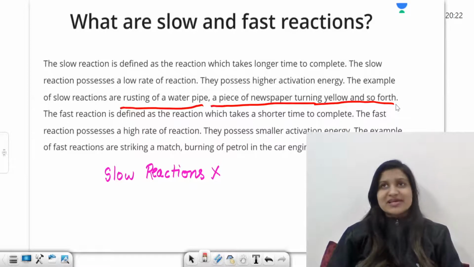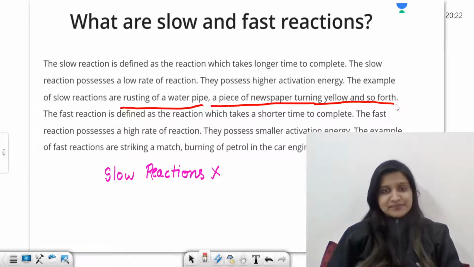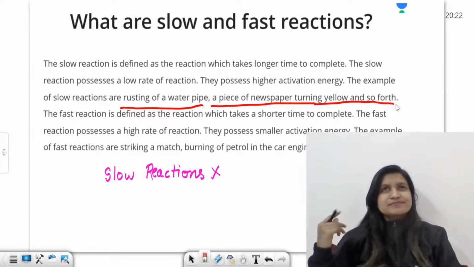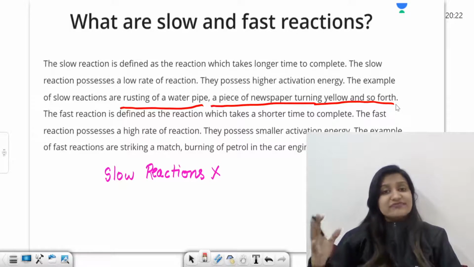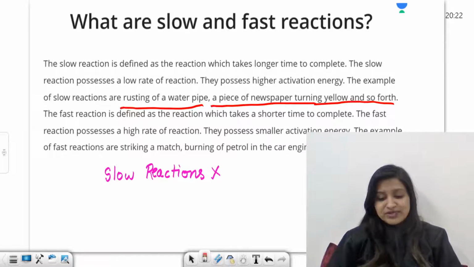If you look into your college or school library, you will notice that the old books would have yellow pages, right? So it is also a chemical reaction which is happening at a very slow rate. So a piece of newspaper turning yellow and so forth.